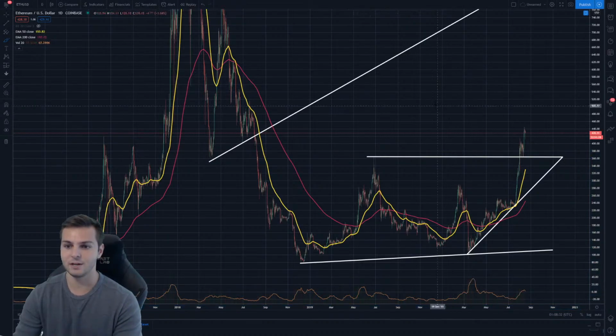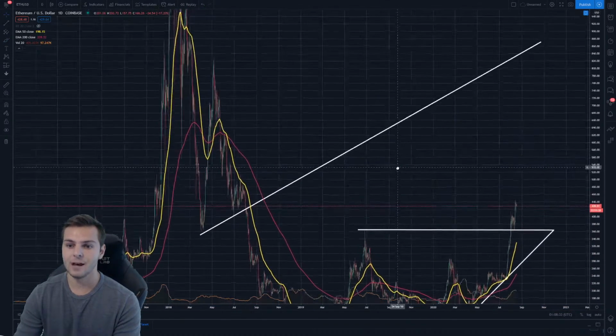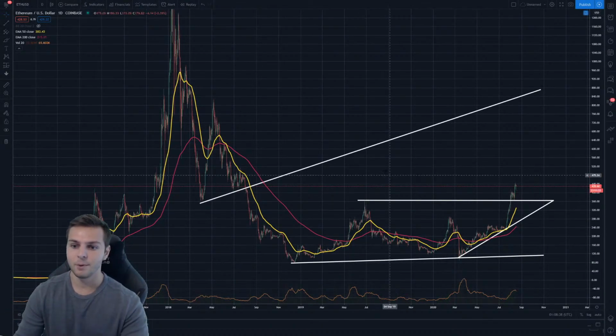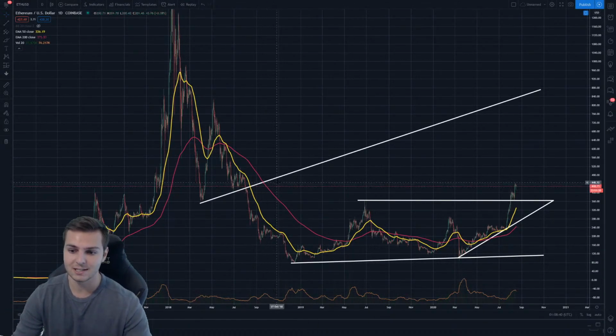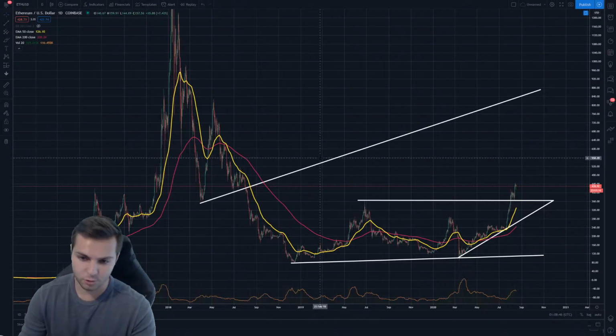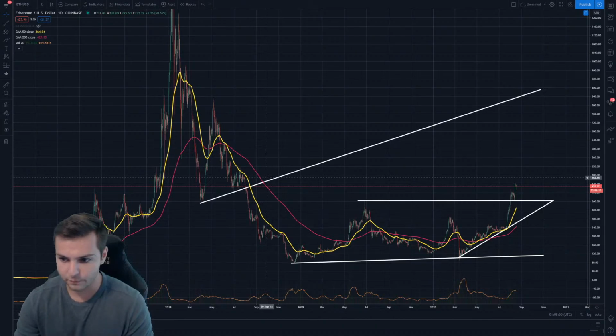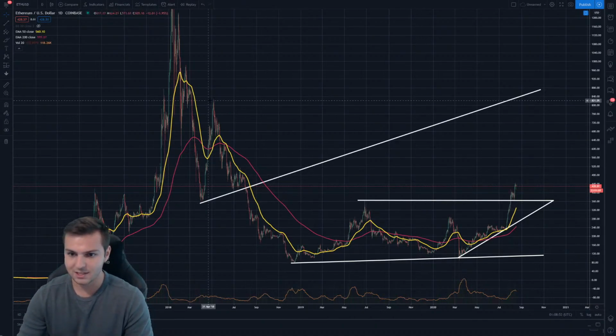So now we have a very short amount of time where we have a lot of volatility in that short amount of time. But what this does is there is less resistance from here upwards than there is, I guess. How do I want to word that? We've gone through the worst of it, is what I'm trying to say, right? The hardest part for Ethereum is over until it starts getting up to these previous swing highs.